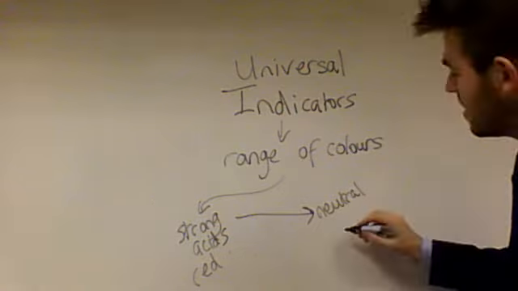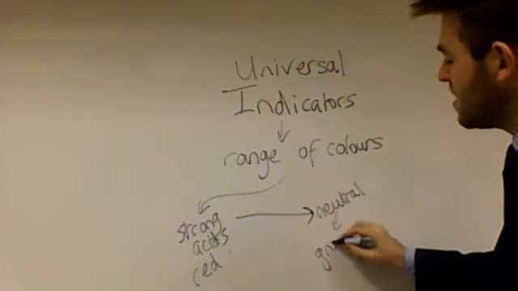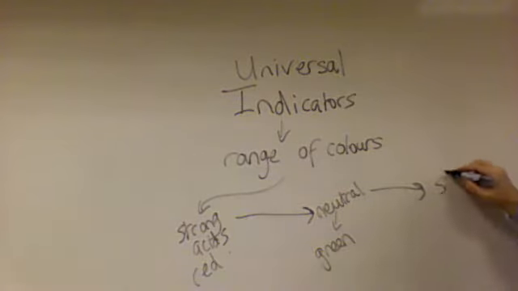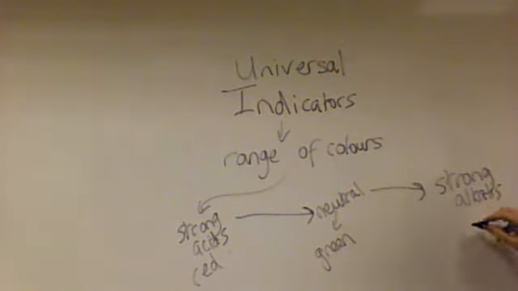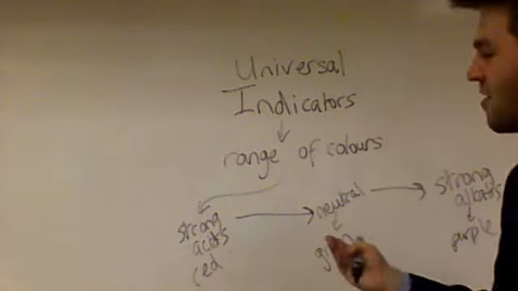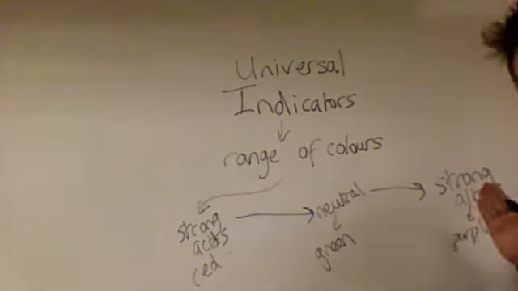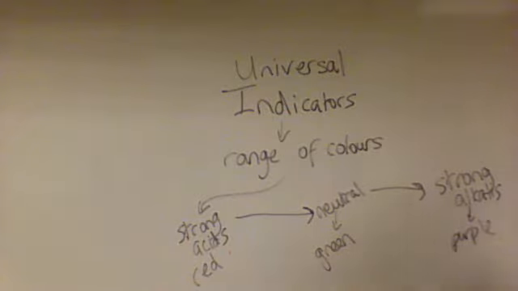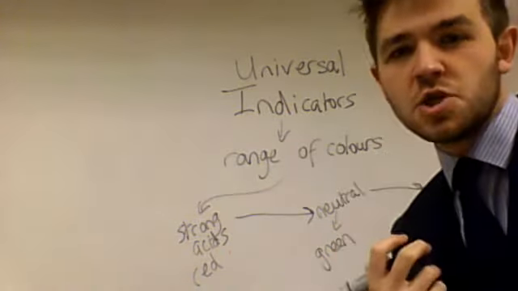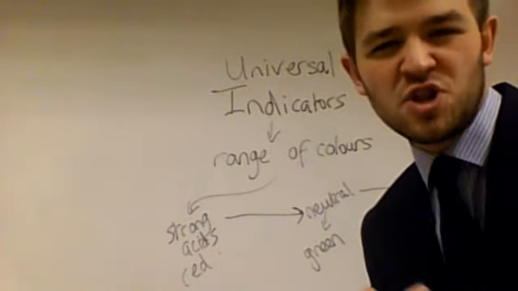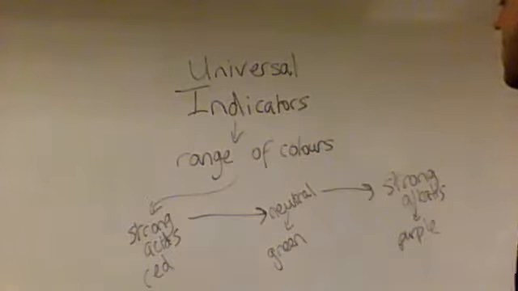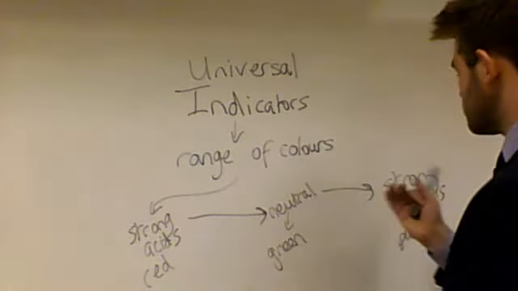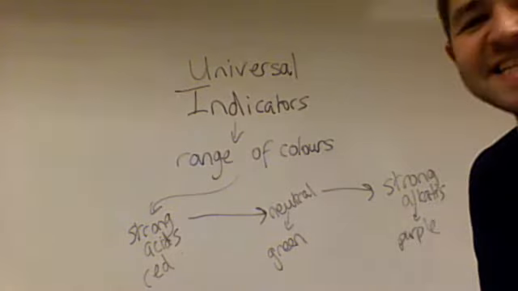I'll come back to that, but they are green, and then those that are strong alkalis usually turn purple. And of course there'll be blue in here and yellows and oranges in here, but this is your basic pattern: strong acids, neutral to strong alkalis. And this is what we discussed when we talk about universal indicator and the colours. So I can tell if it's a strong acid, neutral, weak alkali, strong alkali. It's even better.